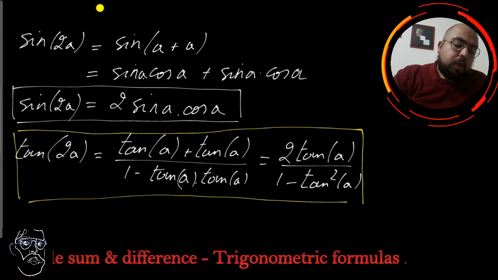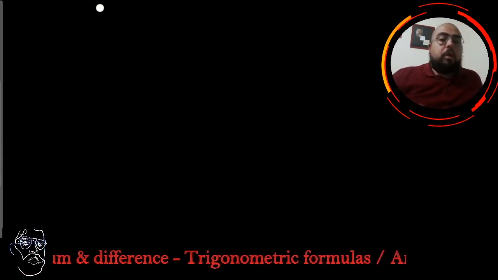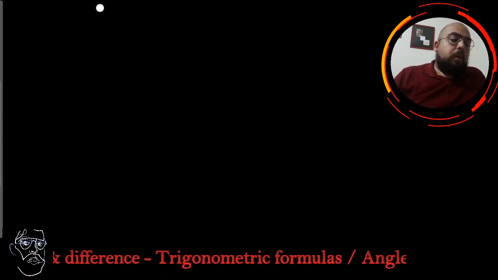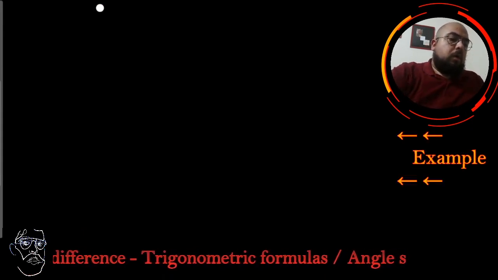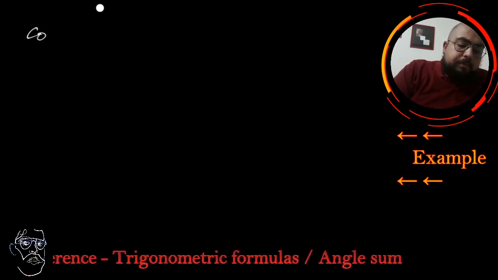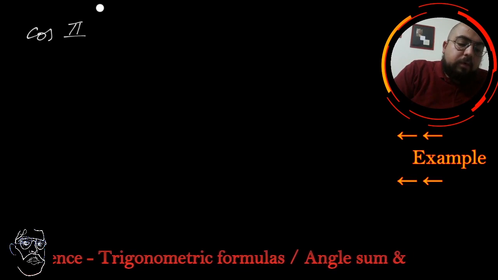In which case we're going to use the cosine of 2A, the double angle. Let's say we are interested in calculating again cosine of pi over 12.